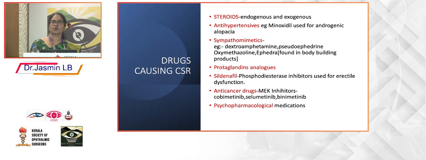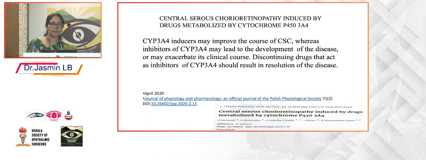Then next comes the prostaglandin analogs, which we use as anti-glaucoma medication. It mimics a VEGF-like action, that is vascular endothelial growth factor. It will increase the choroidal permeability and cause CSR. Next is sildenafil. It is a phosphodiesterase inhibitor used for erectile dysfunction. Another comes the anti-cancer drugs and antipsychotic drugs.